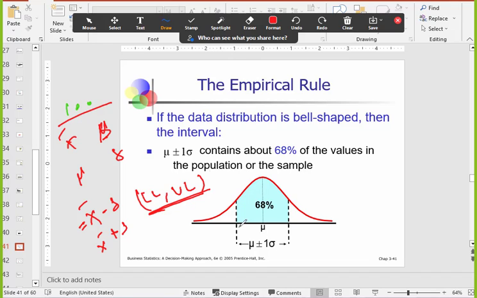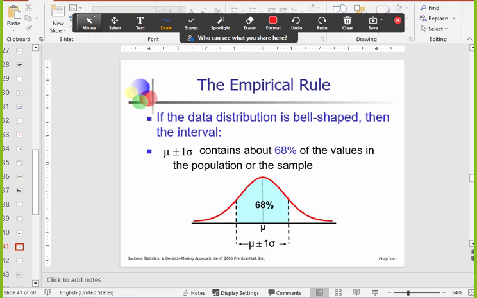Assuming the data is bell shaped, you can safely say that between this amount and this amount, 68% of my non-performing loan cases exist, between the biggest and lowest non-performing amounts.